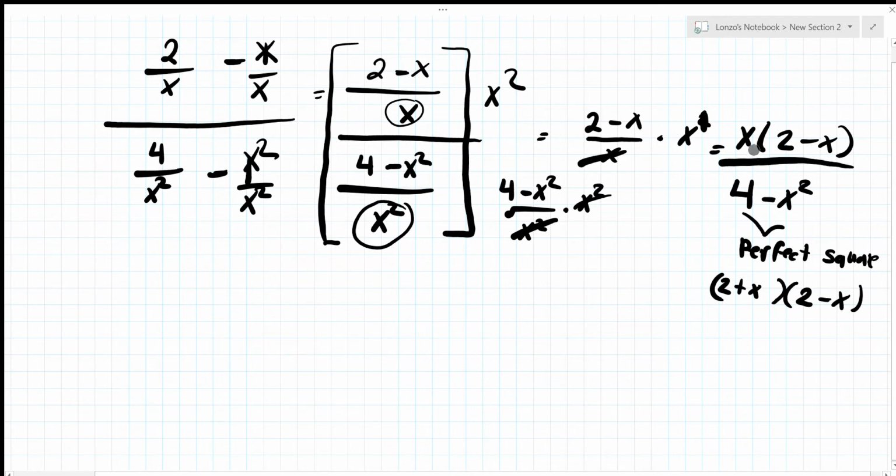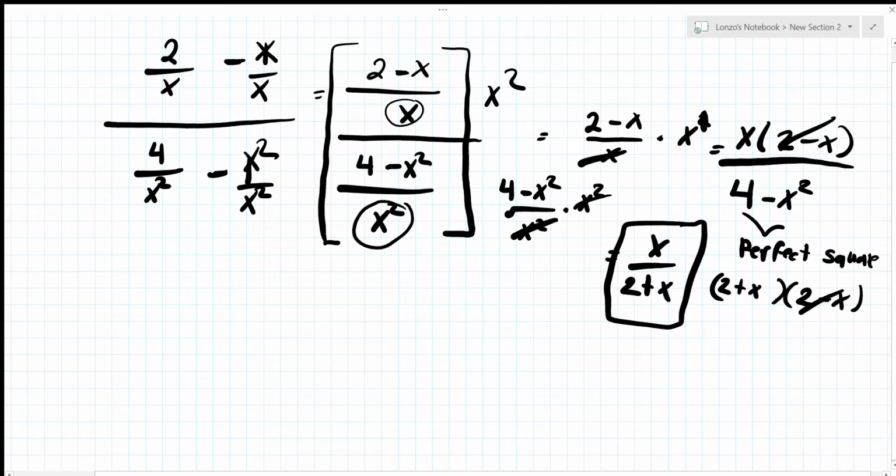Now let's look at our numerator, x times 2 minus x, and then on the bottom we have 2 plus x times 2 minus x. So what can cancel? The 2 minus x, so you're left with just an x on the top, and then on the bottom you're just left with 2 plus x. So that's your final answer.